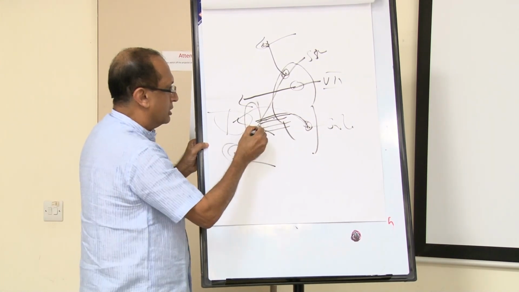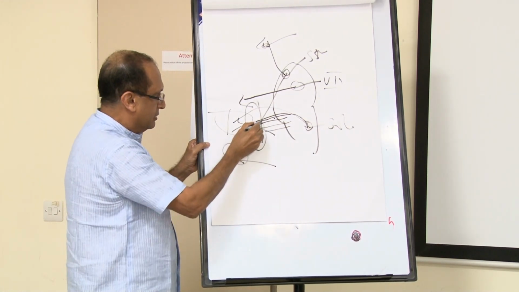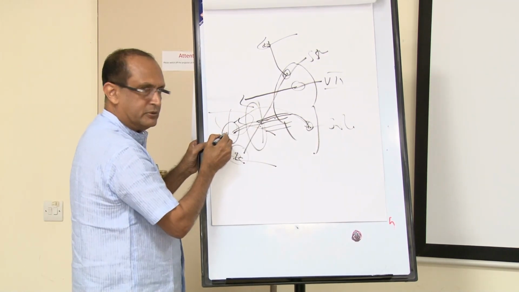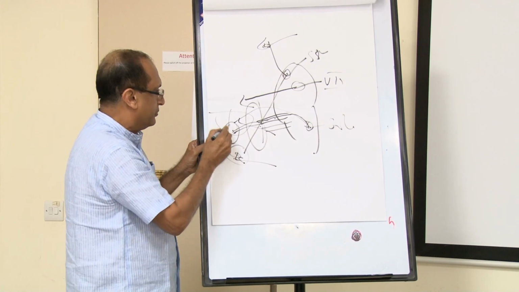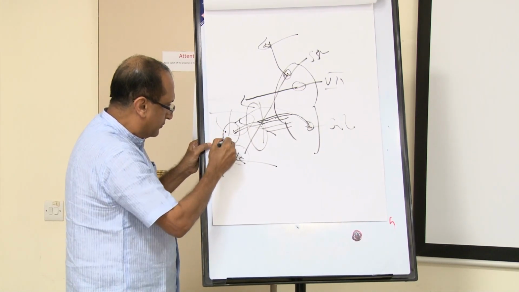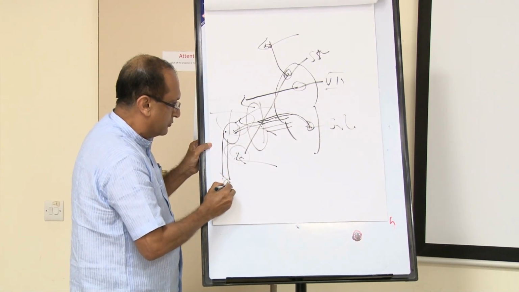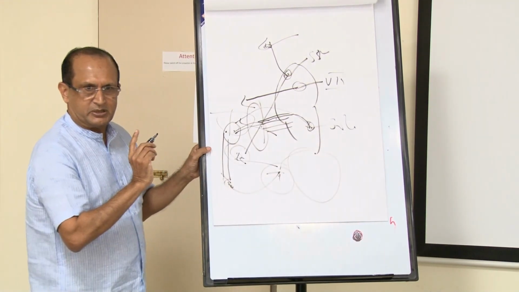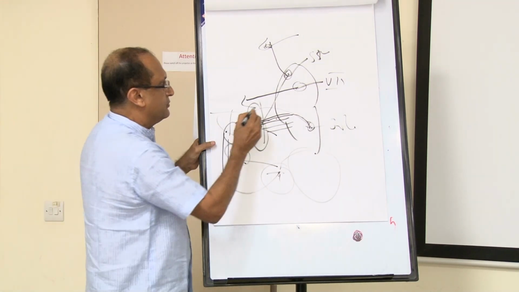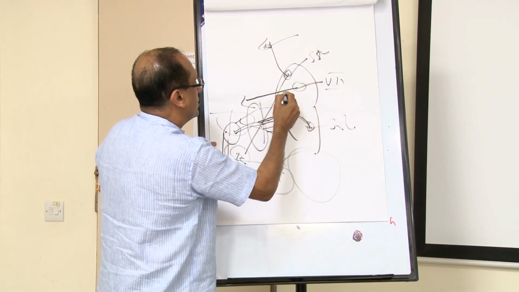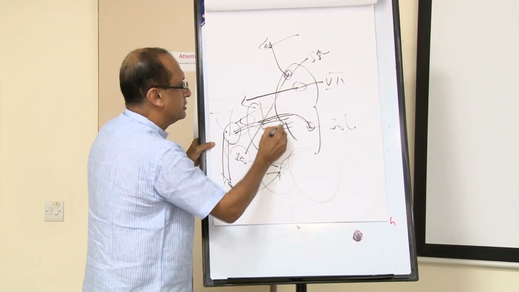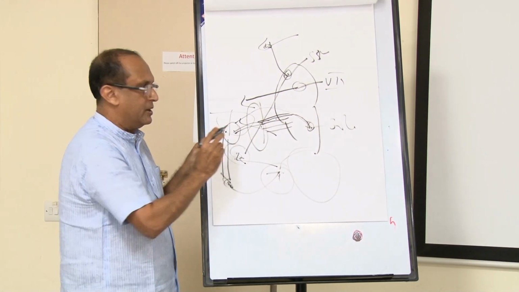They get into the internal acoustic meatus and then come here in the canal. There is a ganglion, the geniculate ganglion, and then post ganglion the facial nerve comes out, stylomastoid foramen comes to the parotid gland and supply all the facial muscles of the facial expression. Okay. Suppose if the patient has a lesion proximal to the geniculate ganglion in the internal acoustic meatus, what will happen?